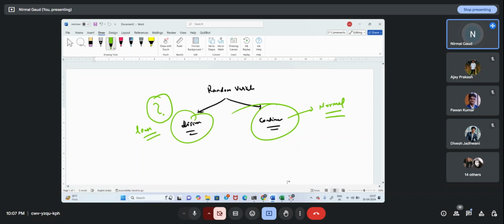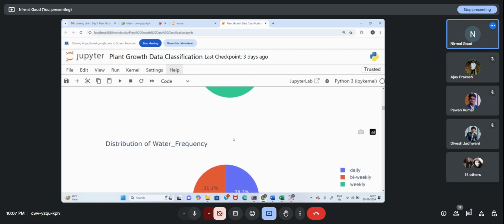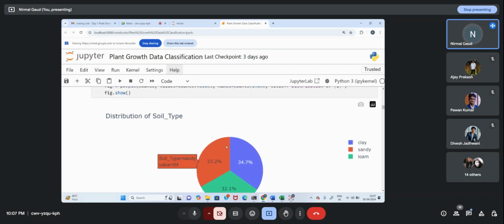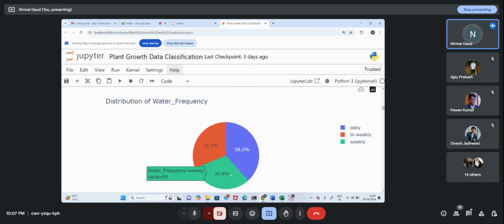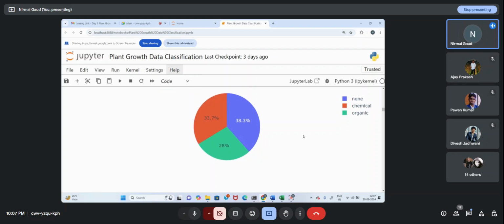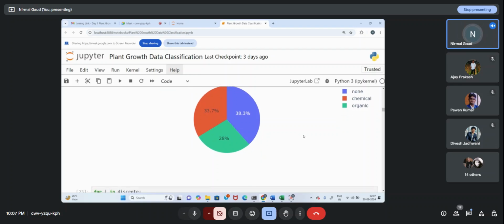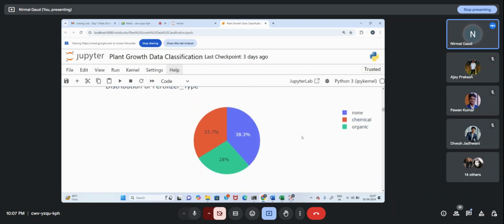So when I was checking the distribution, you can see these are the training features. Soil type 33, 34, 32. Water frequency 31, 38, 30. 33, 38, 20, 28. Okay, fine. I think if I split, I will get some good proportion of the data. This is for categorical visualization.